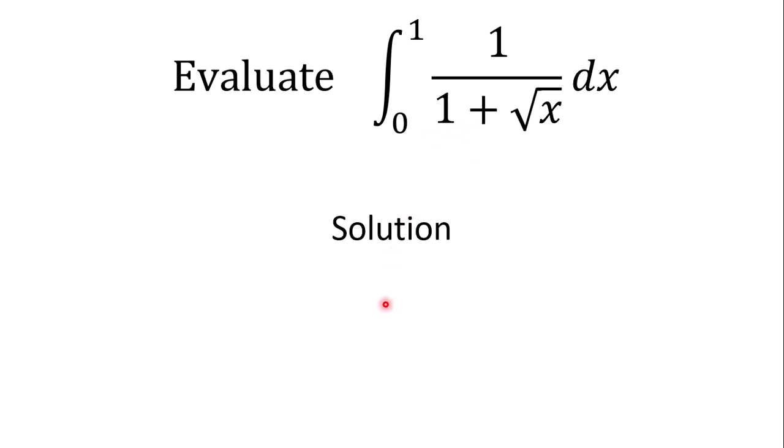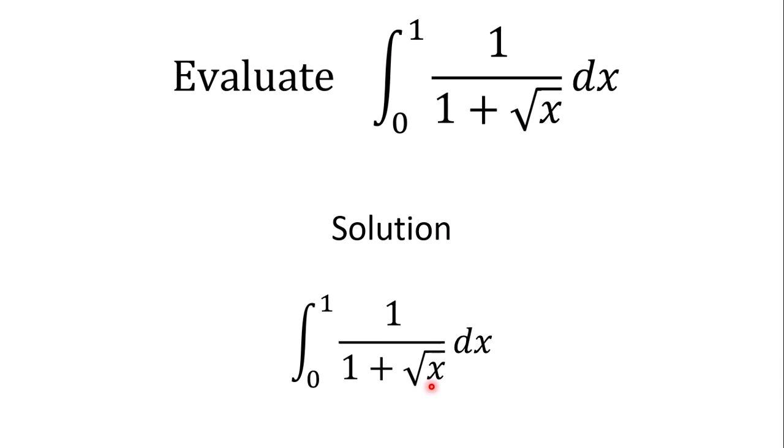Now let's bring this problem down here. We are going to use the U substitution approach to solve this problem. As I said earlier, the U substitution approach can be applied in two ways. Either we let the whole of 1 plus square root of x be equal to U, or we let U be equal to square root of x. Either way you're just going to get the same answer.